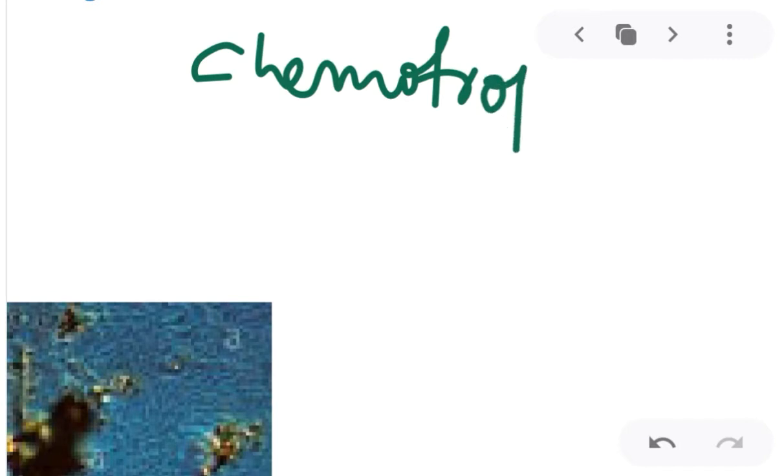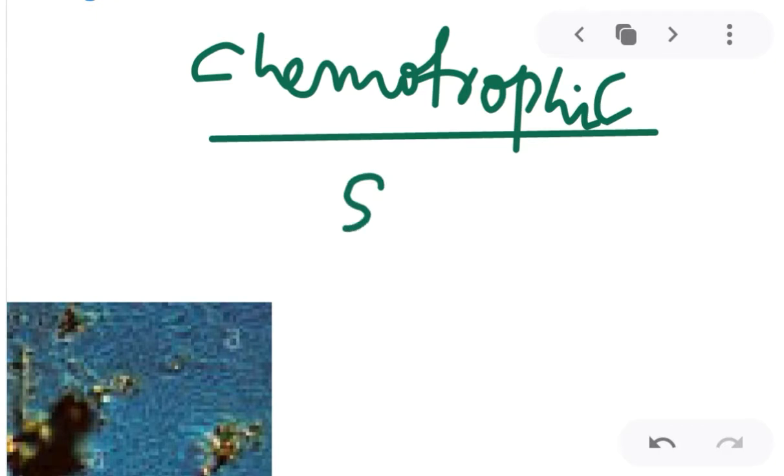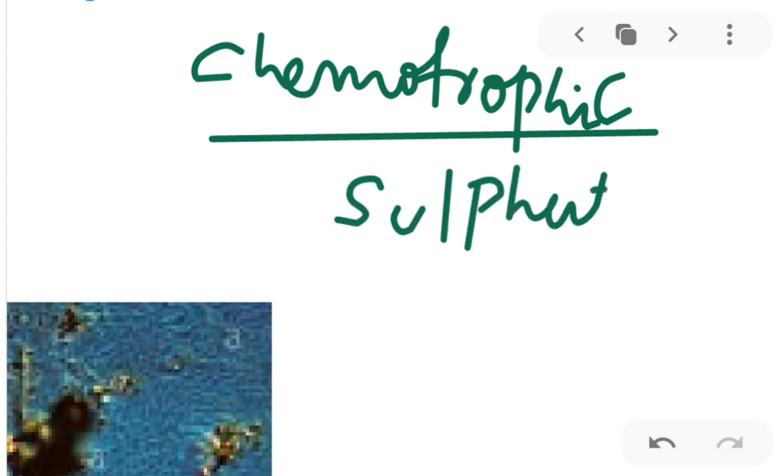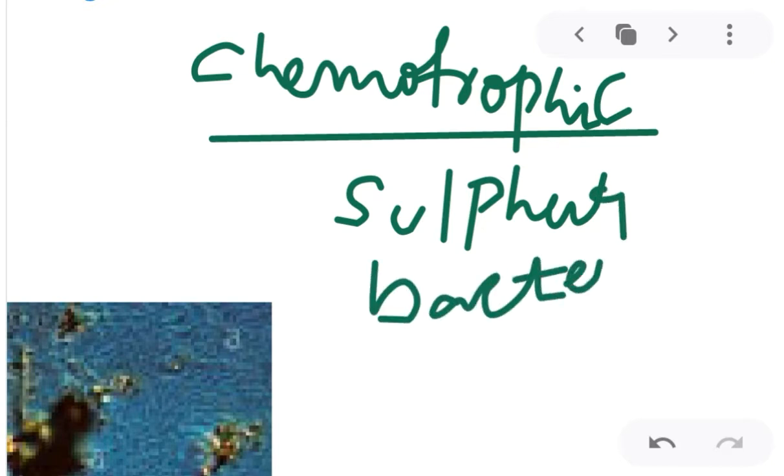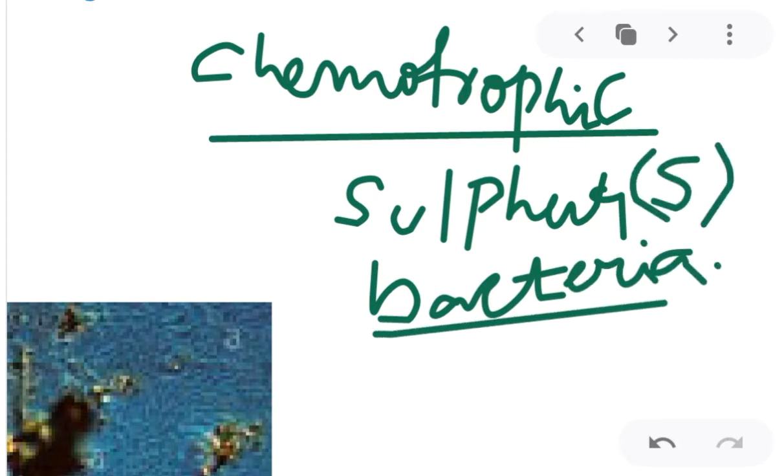Suppose you see here, chemotrophic mode of nutrition. Example is sulfur bacteria. You know sulfur, right? Which can be represented with the S symbol in chemistry. This is a unique type of bacteria which depends on the sulfur chemical to prepare its food.